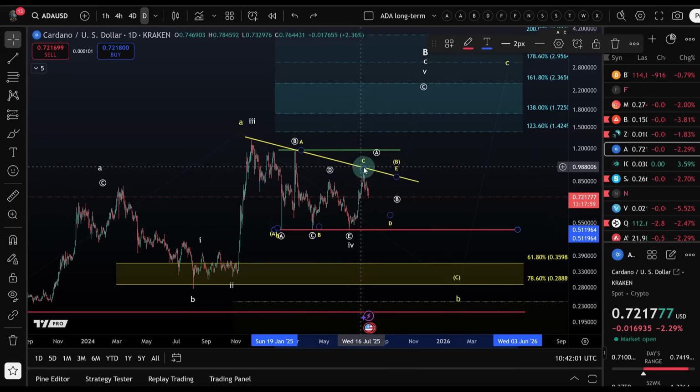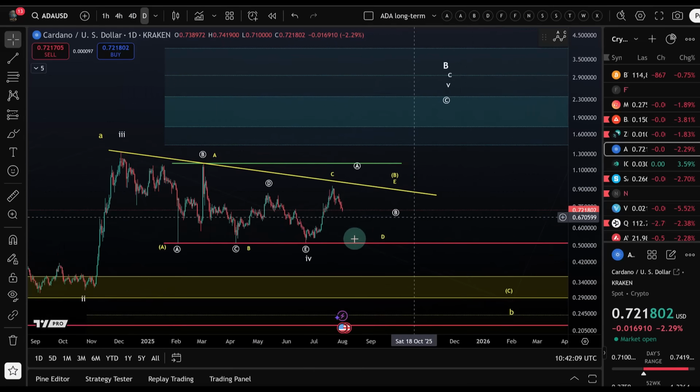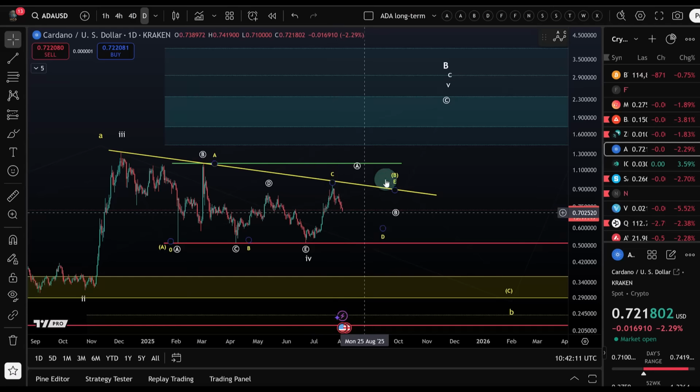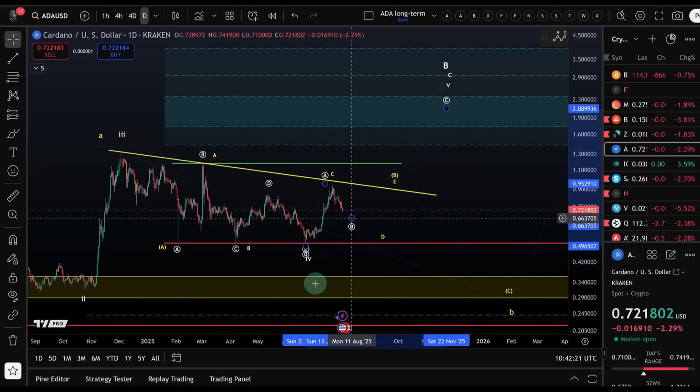So it's only 3 waves. Again, remember we're dealing with a diagonal structure, so we do not necessarily need a 5-wave move in order to go higher. A 3-wave move would be fine. The fact that we're starting to break below initial support could indicate that wave A already topped, and we're now in a B wave pullback.